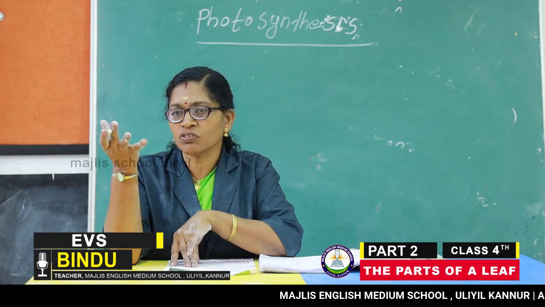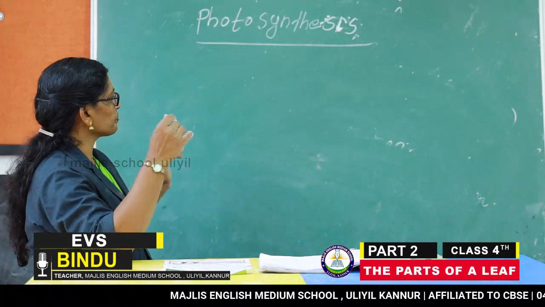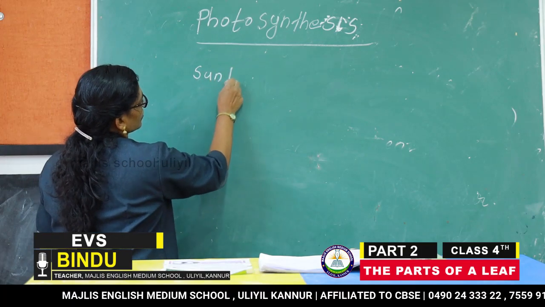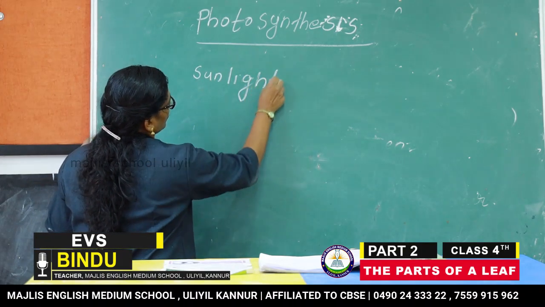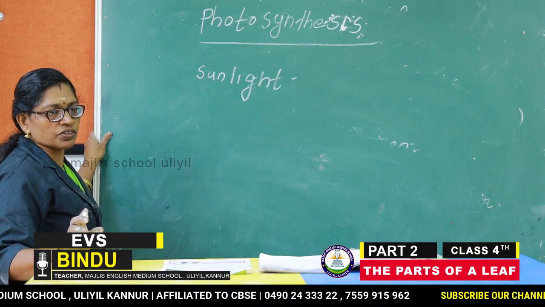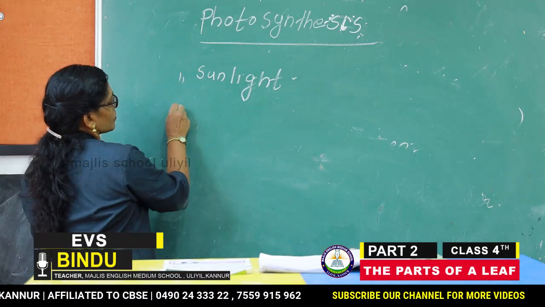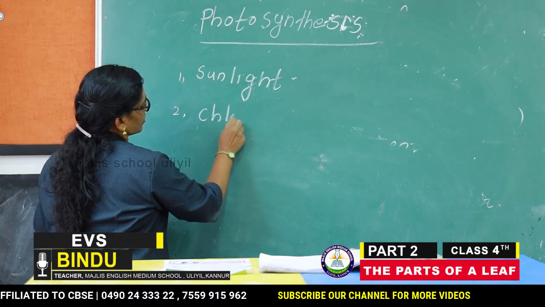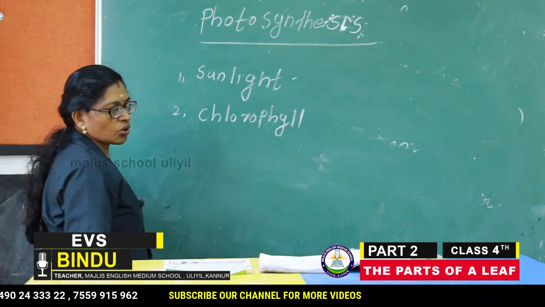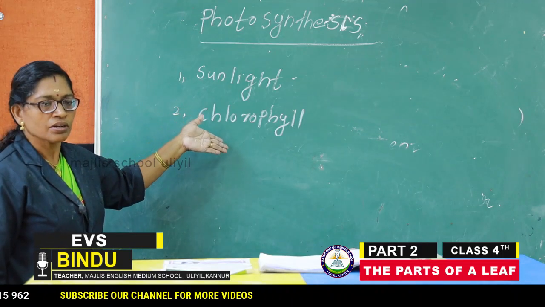Which are the contents of photosynthesis? Listen here. First one, the main energy is sunlight. Sunlight is very essential for photosynthesis. Then second one, chlorophyll. Chlorophyll is present in green leaves.